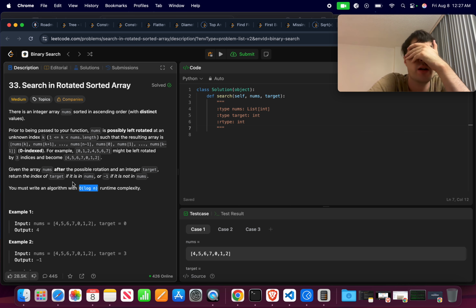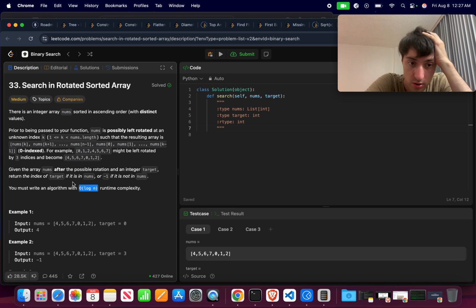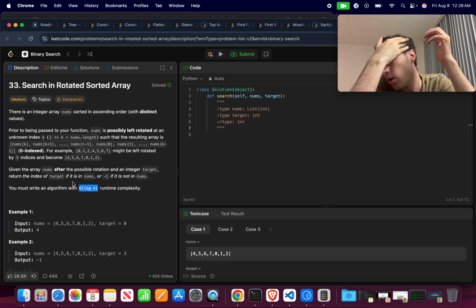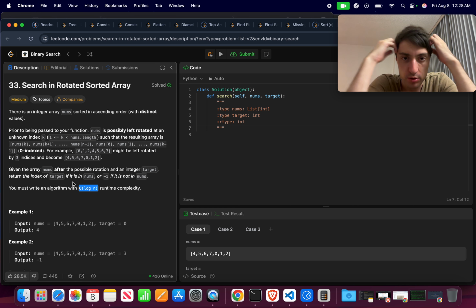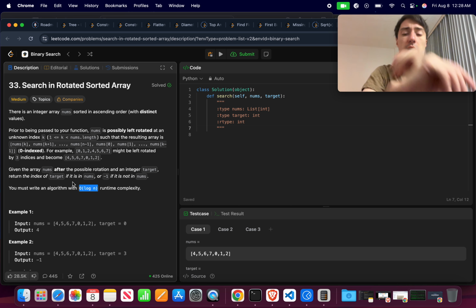Now that gives me information about what I want to cut. The way that I'm trying to conceptualize these binary search problems is, each time I'm doing something, how can I cut half of the numbers in my array?